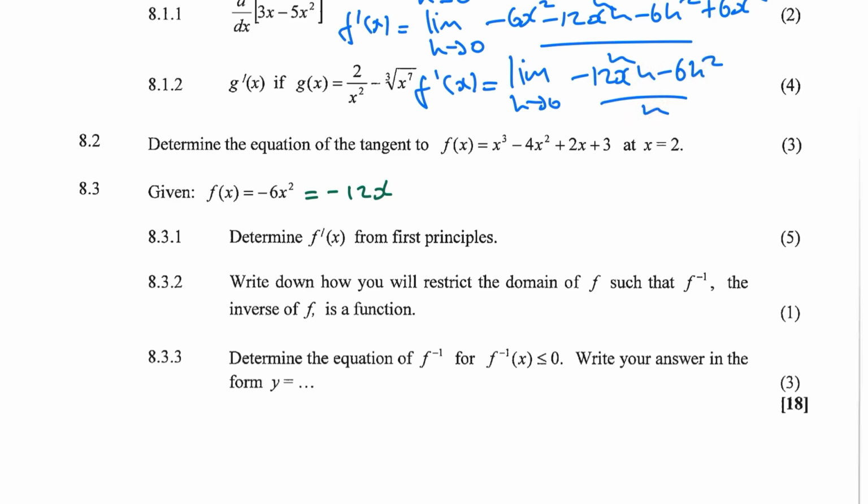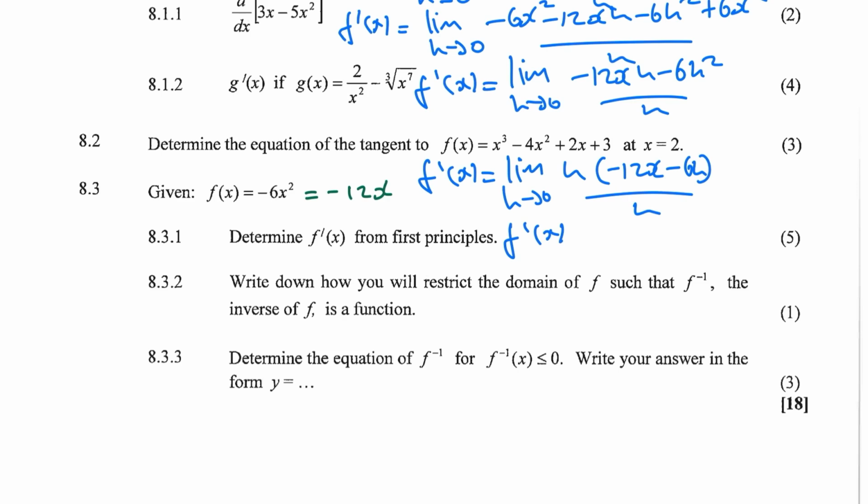If you factor it out, that h and h will cancel. So factor out the common factor. The h on your numerator gives negative 12x minus 6h, because it's h squared over h. And what happened is h and h cancel.